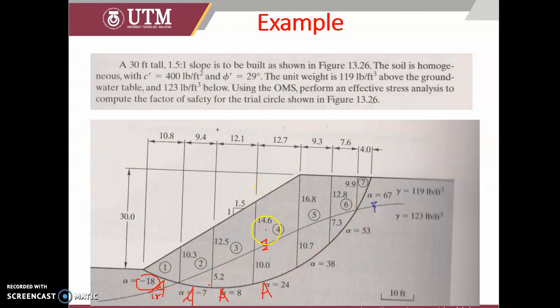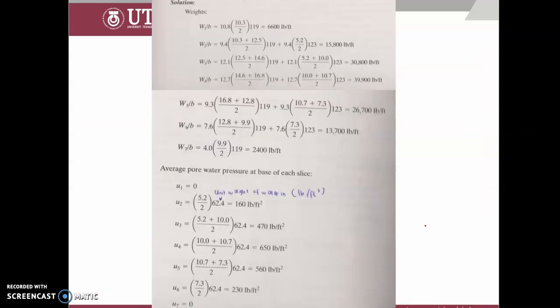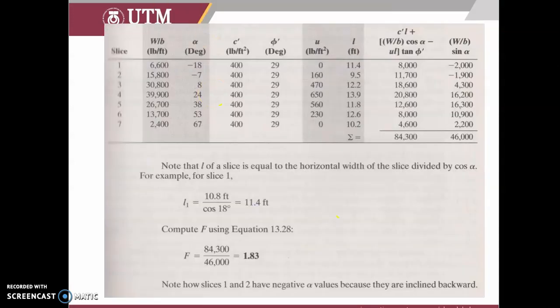We also know the height, the width, and gamma. Knowing that, we can solve either using the equation or put it into a table. Once we put it into the table, we get the weight, alpha, c prime, phi prime, and the width. So we solve for N1 and 2, and we can get the factor of safety.